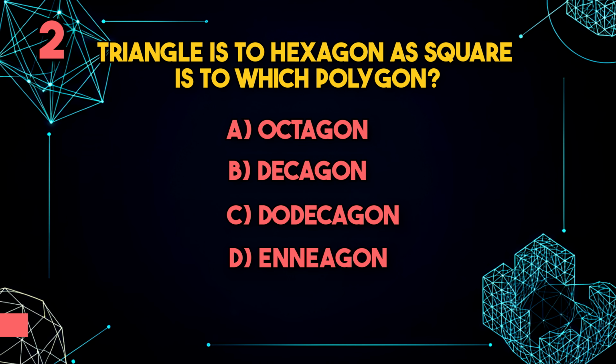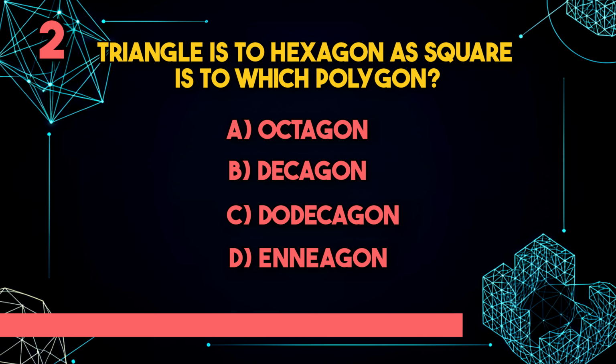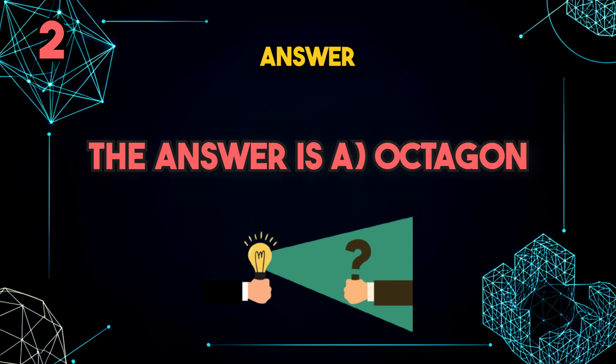Triangle is to hexagon as square is to which polygon? The answer is A, octagon.